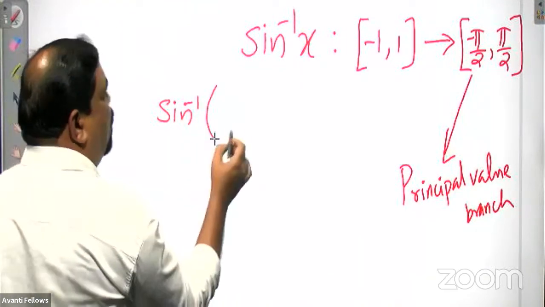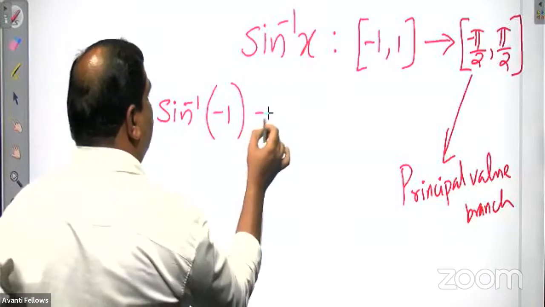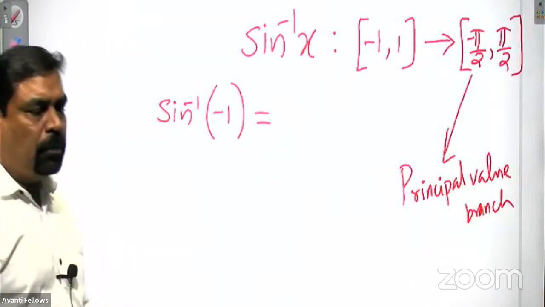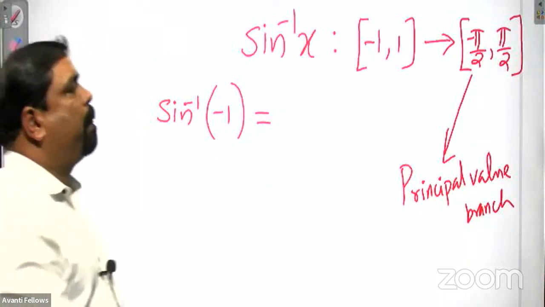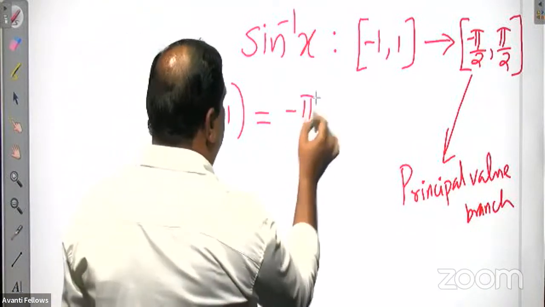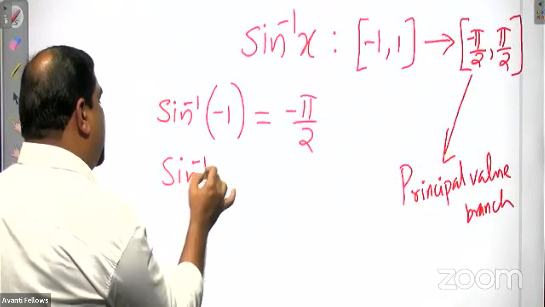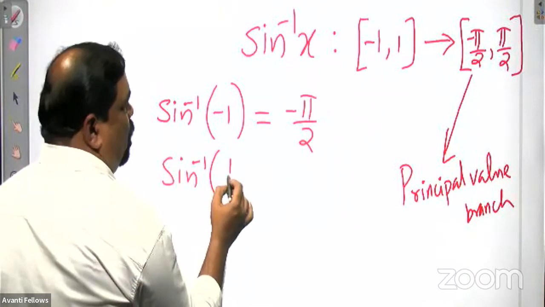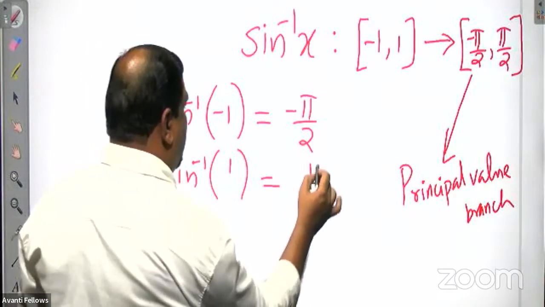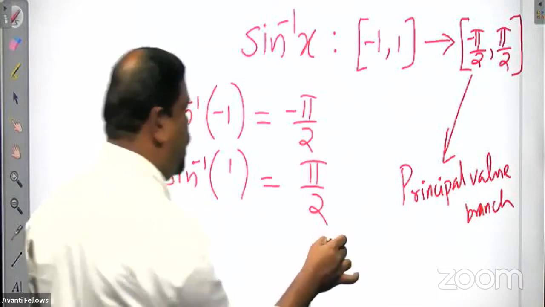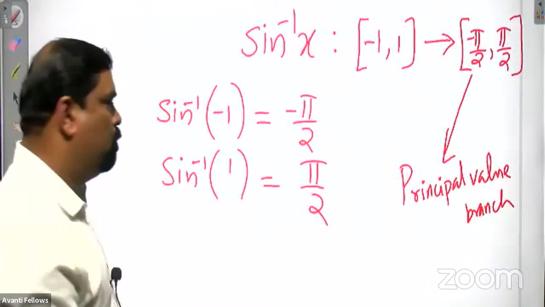So what is the value of sine inverse minus 1? Sine inverse minus 1 will be minus pi by 2. And what is the value of sine inverse 1? Sine inverse 1 is equal to pi by 2 because sine pi by 2 is 1.